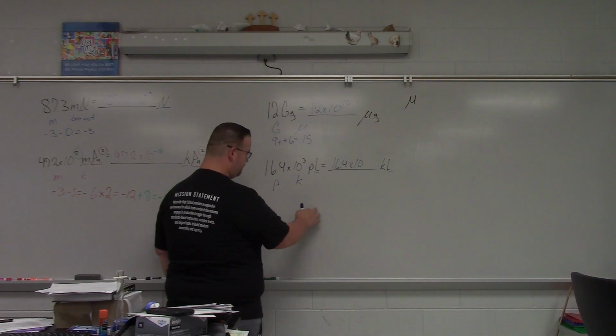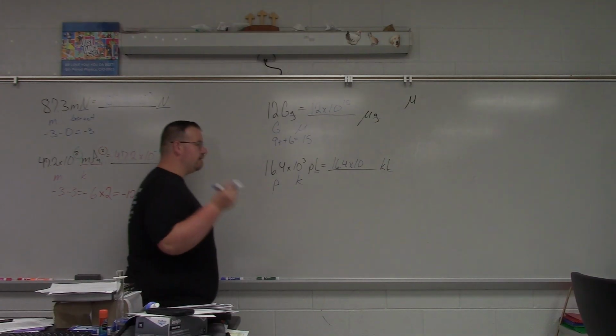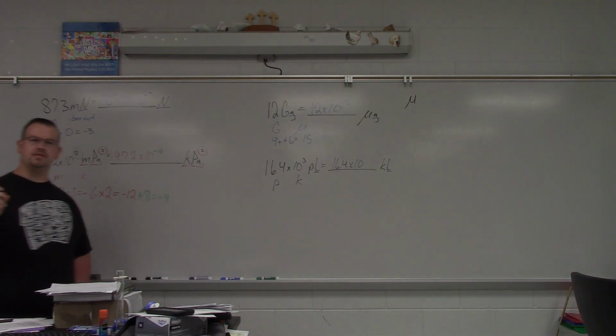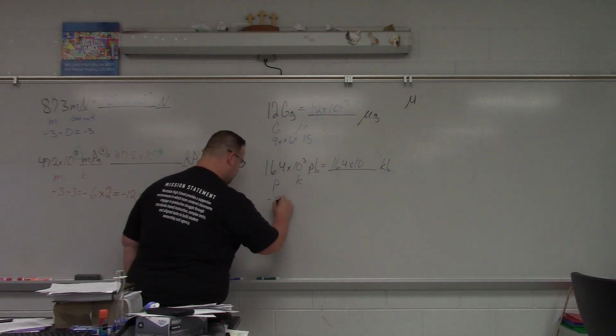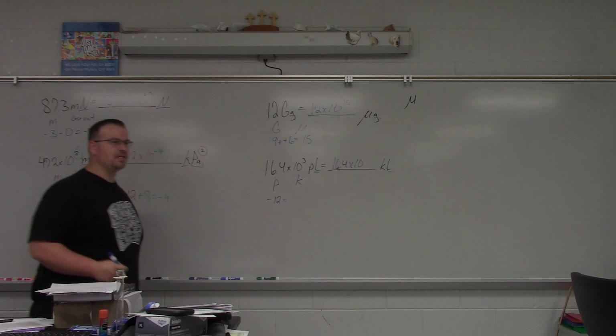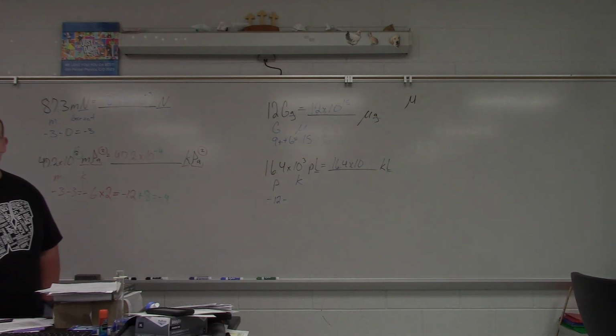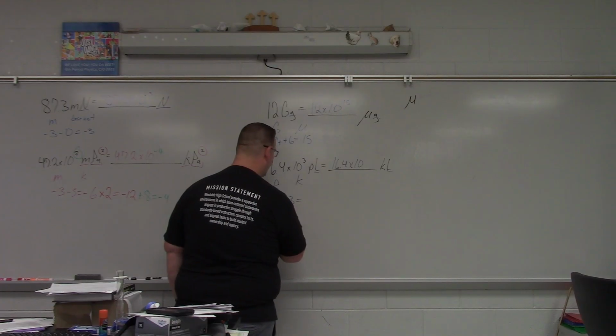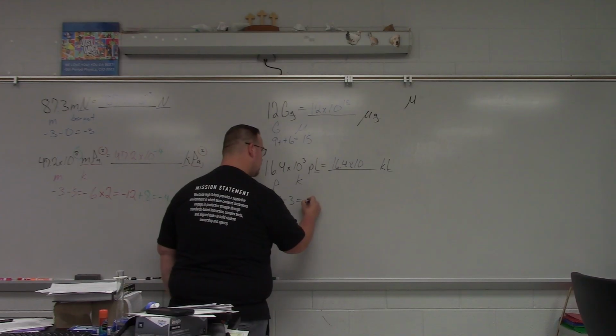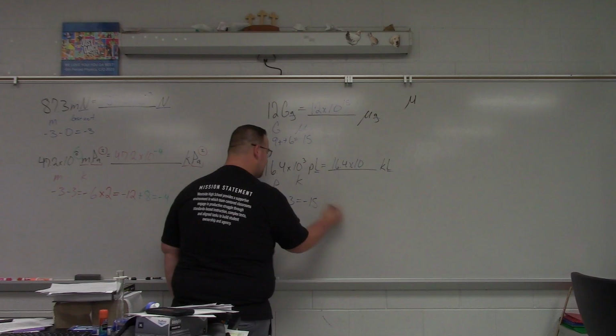It is true. Pico. What's the exponential? Step 3. Find the difference in exponential values. So the exponential value for pico is negative 12. Minus the exponential value for kilo, positive 3. So negative 12 minus 3 is negative 15.